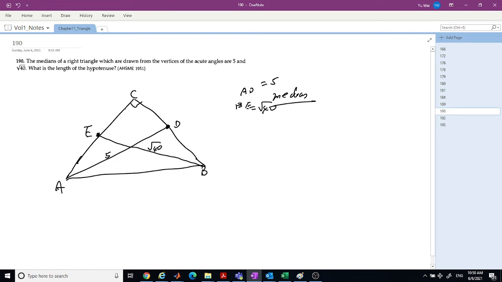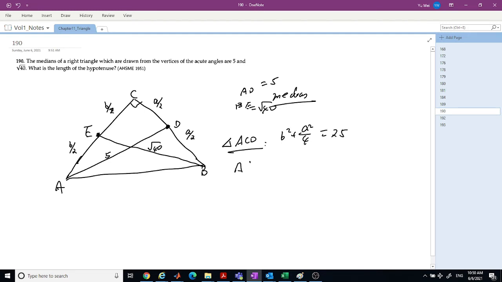So we solved this problem before. We want to solve for AB. So C is a over 2, a over 2, b over 2, b over 2, right? We apply the Pythagorean theorem on triangle ACD. So we know b squared plus a squared over 4 is equal to 25.